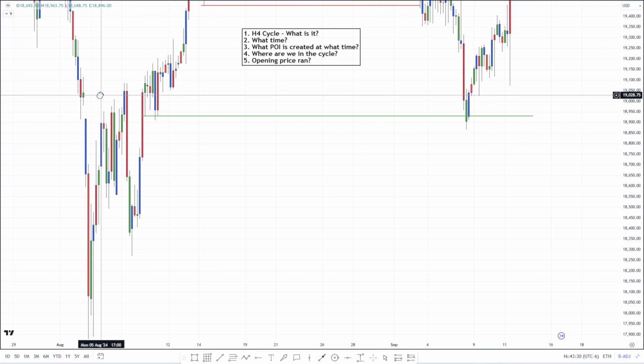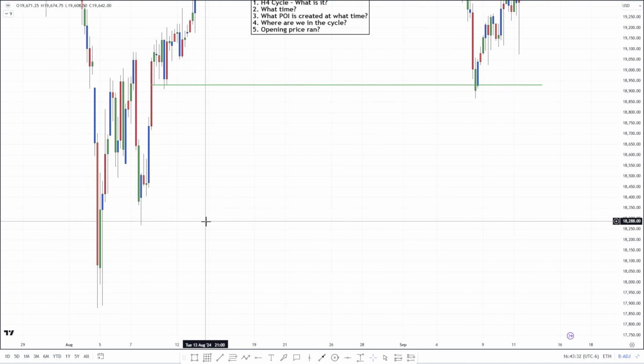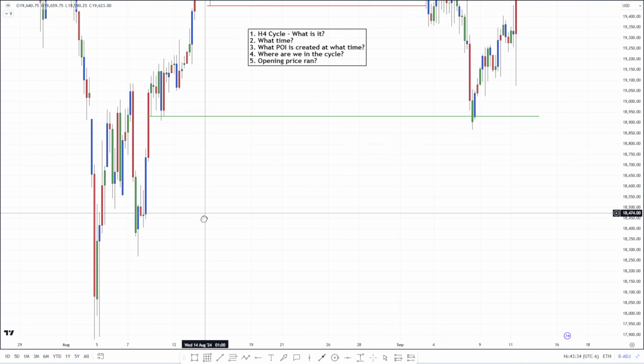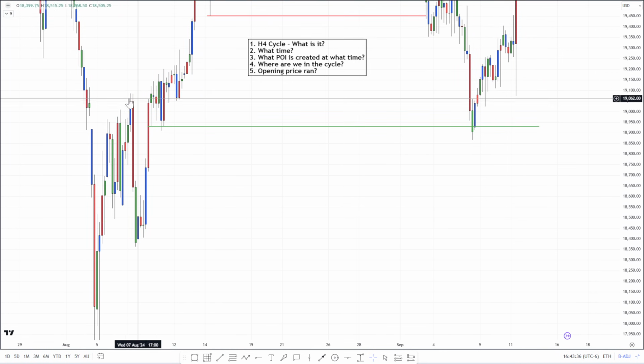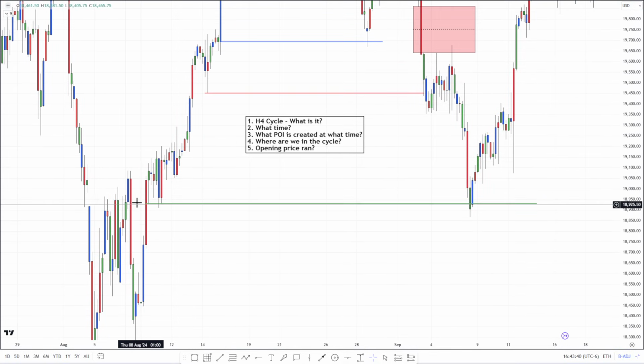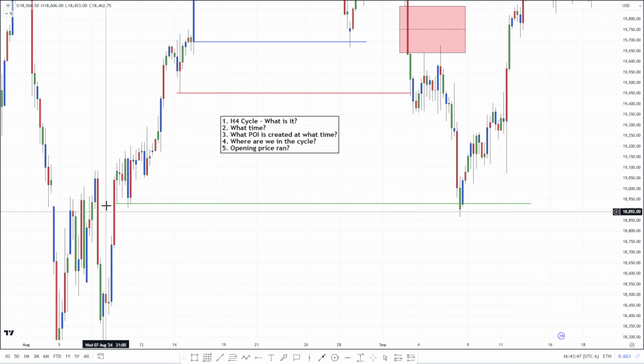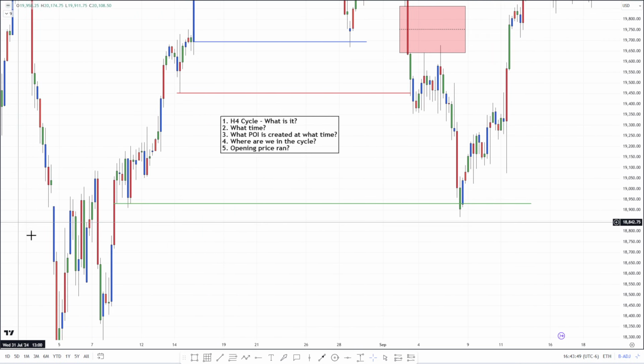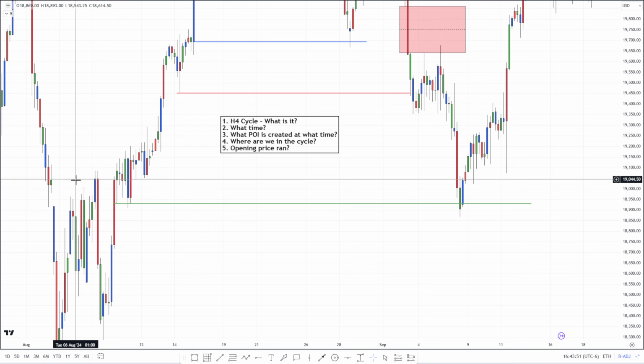So we have this area of interest over here, and we have this consolidated area. We had price that ran into this fair value gap after closing out of this range. Okay, and we'd have to continually look back to find the candles that started the range.